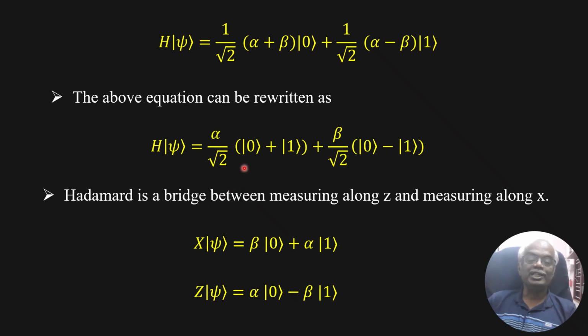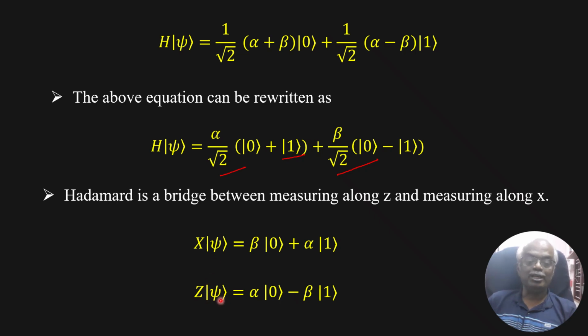So here you can see beta times ket 0 plus alpha times ket 1, ignoring 1 over square root 2. This is for x-axis. What about z-axis?